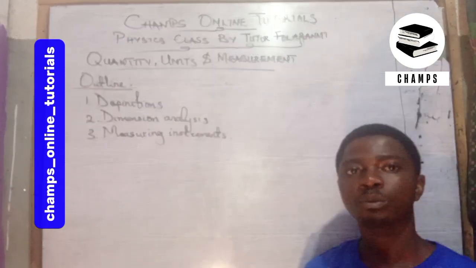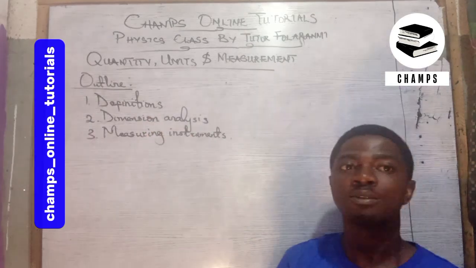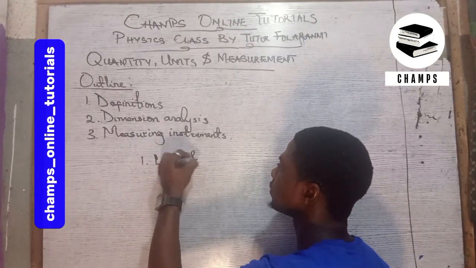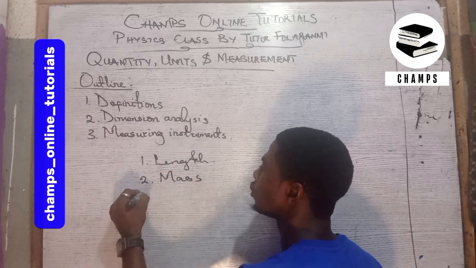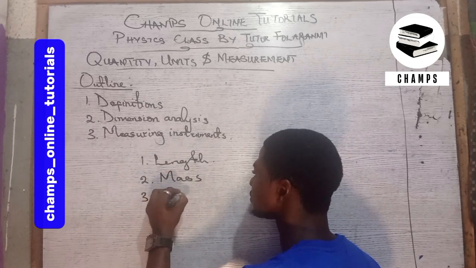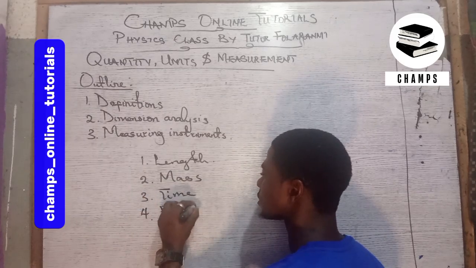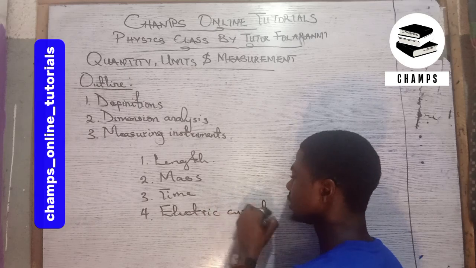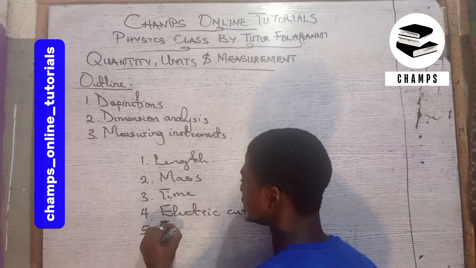Now moving on, we have 7 fundamental quantities when it comes to physics. Right from the first one, we have the length. Number 2, we have the mass. Number 3, we have the time. Number 4, we have electric current. Number 5, we have the luminous intensity.